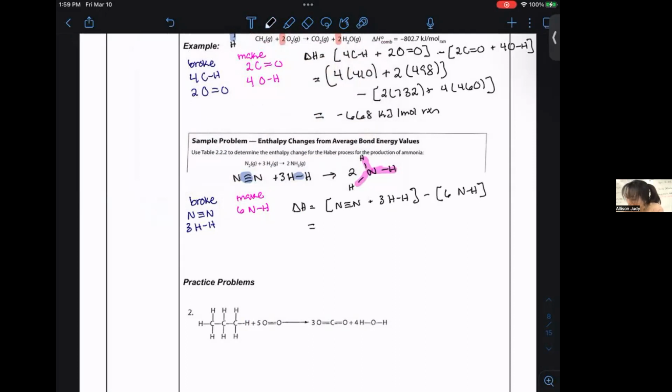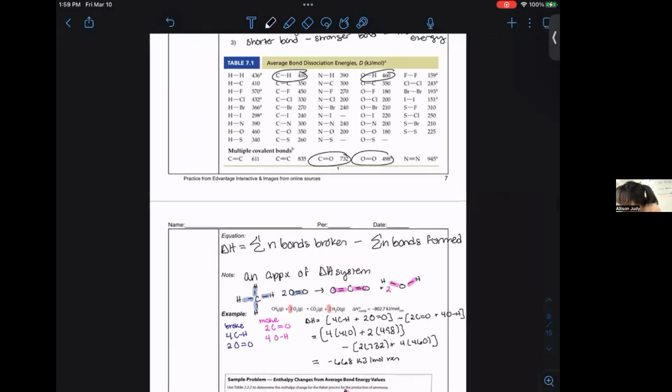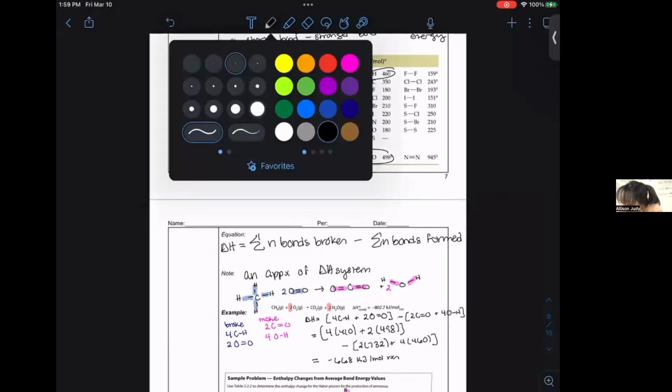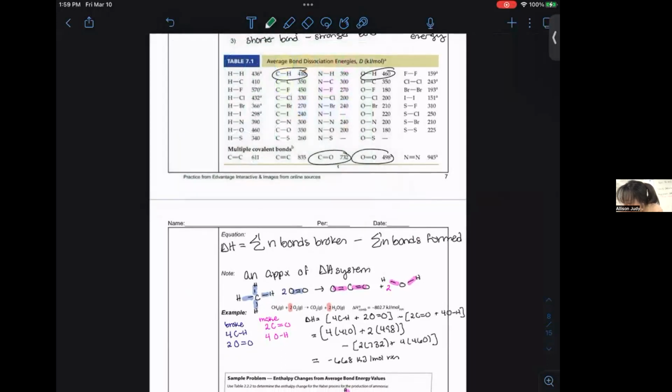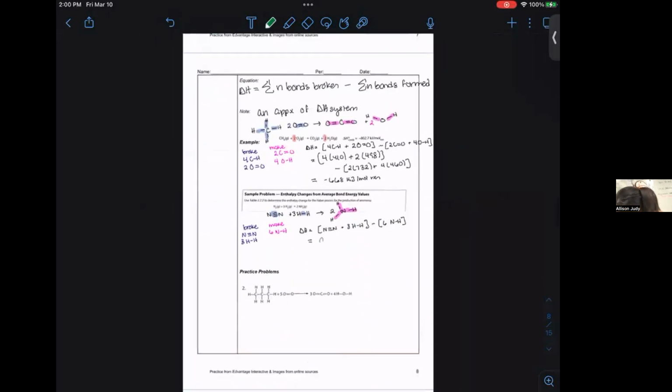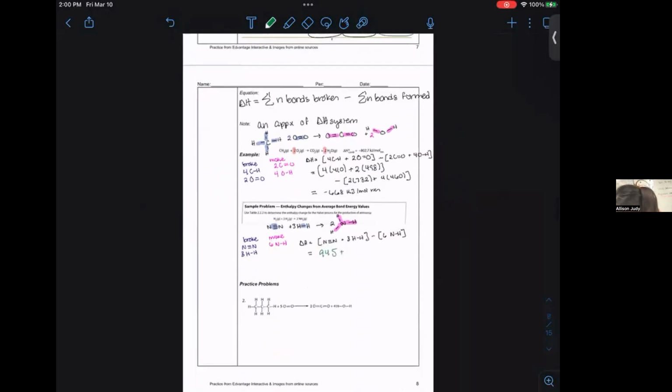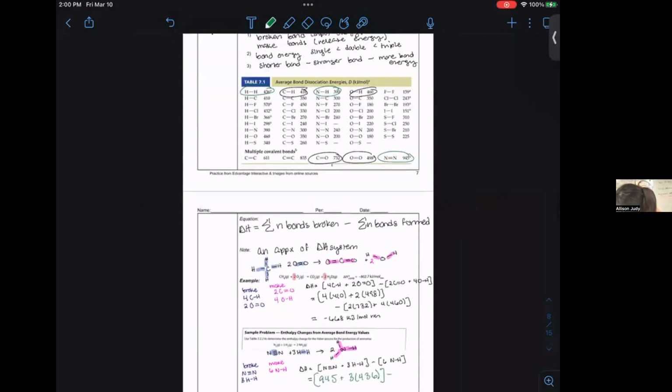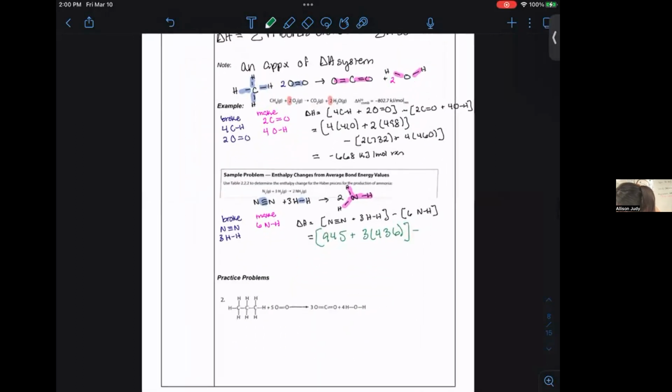And I should have gone for my values: triple bonded N, single bonded HH, and single bonded NH. So 945 plus 3 times 436 minus 6 times 390.